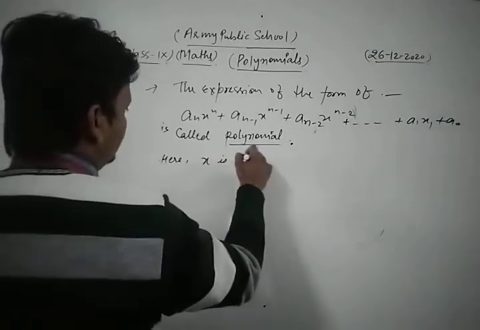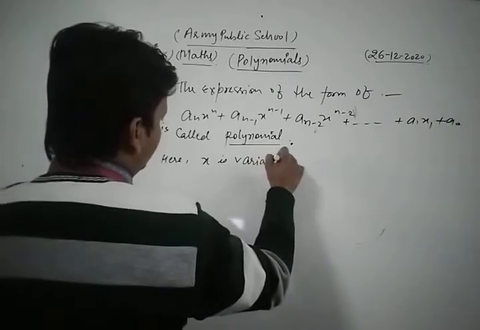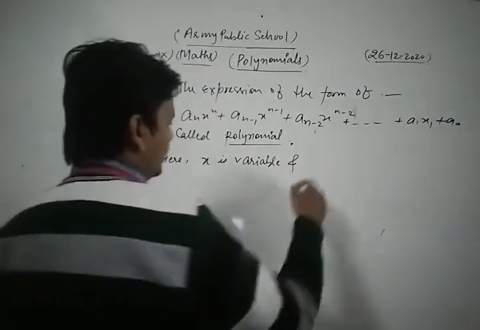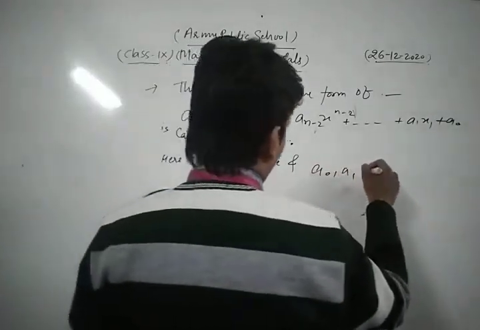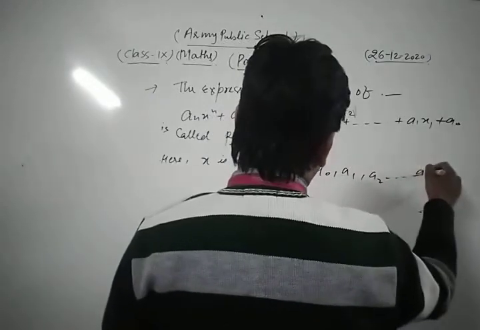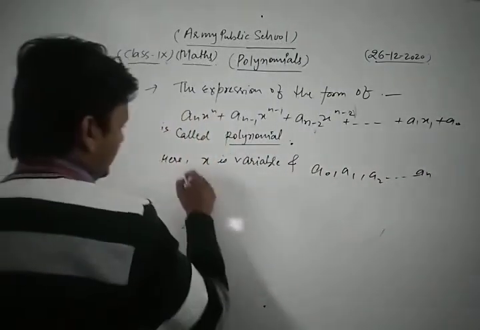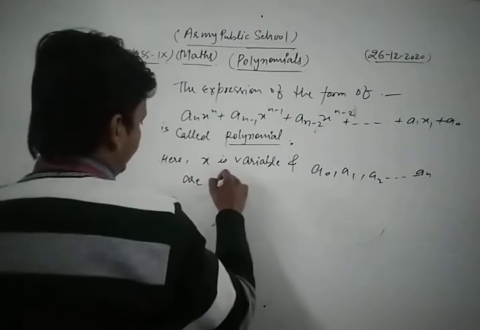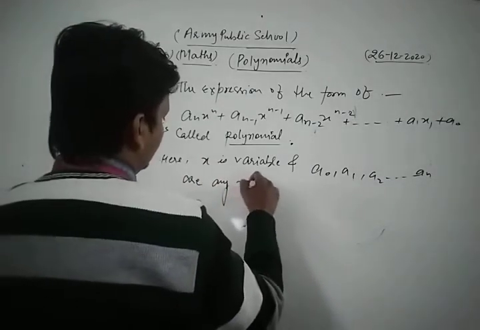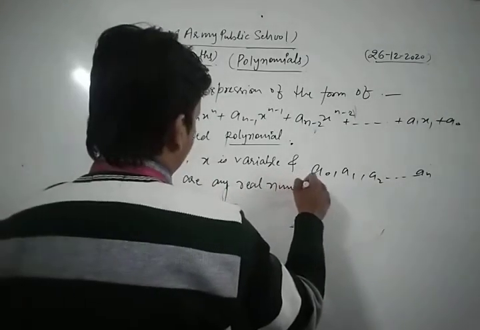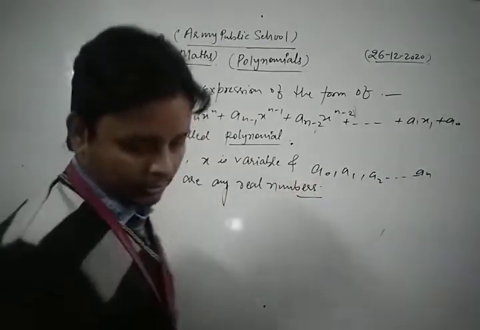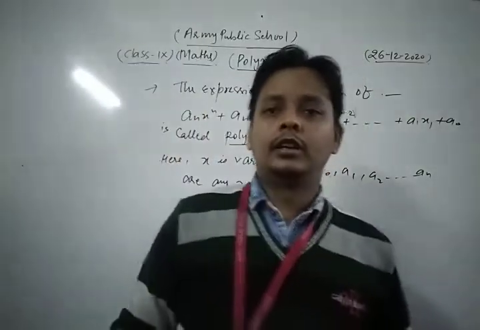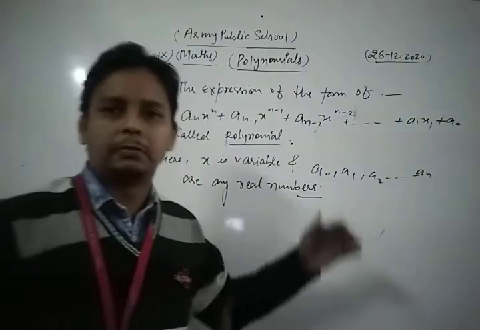Here x is the variable, and a naught, a1, a2 and so on up to a_n are any real numbers or constant terms. So this is the concept of polynomial.